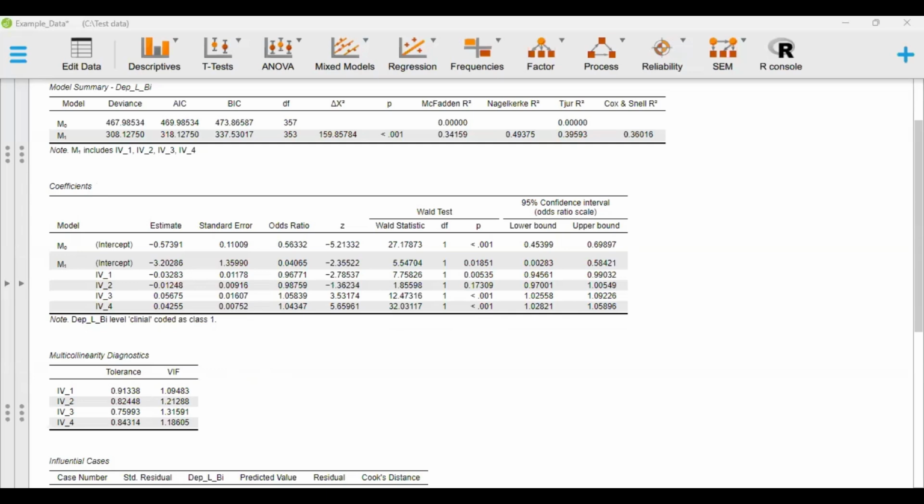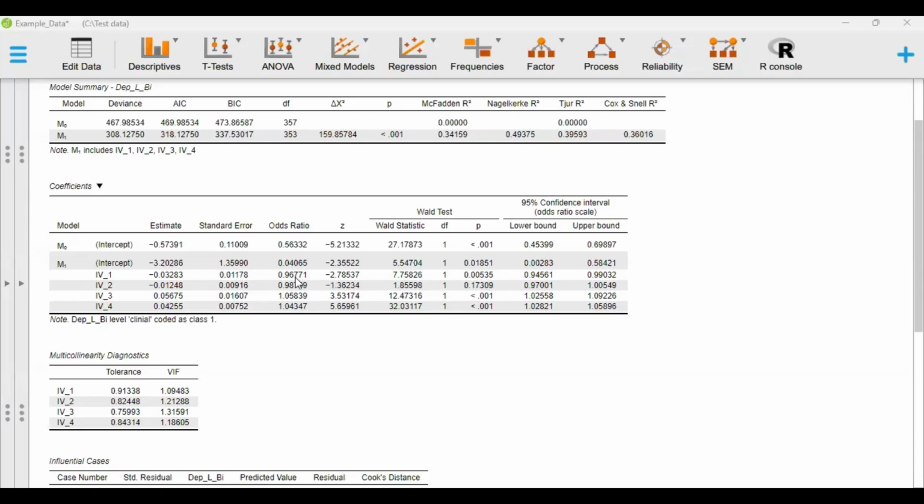Another point about odd ratio is that if odd ratio is less than 1 and is significant, for example, here it is still less than 0.5.